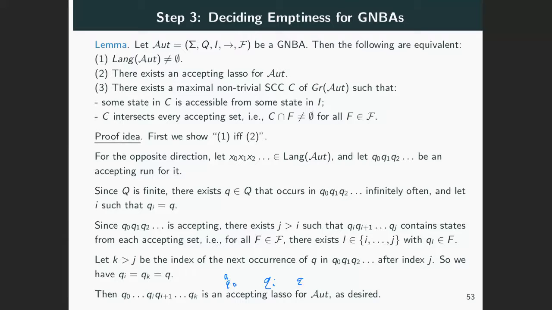Then later on qj in this q sequence. And then qk. And we have the cycle between qi and qk. And from q0 to qi, we have the stem. This is our lasso.